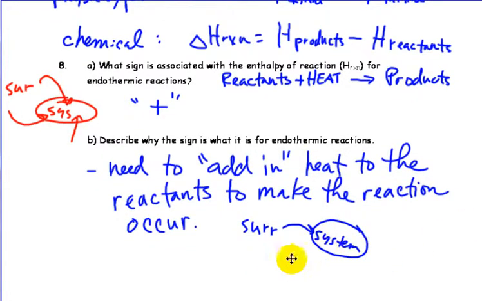To make this reaction, it has to suck up heat from somewhere else to make the products. That means that the products contain a higher chemical potential energy than the reactants, so we need to get that extra energy from somewhere else. Just like if you're buying something that's $50, and you have $40, you need to add in $10 from somewhere else.